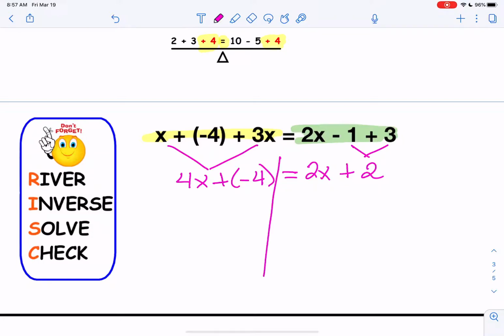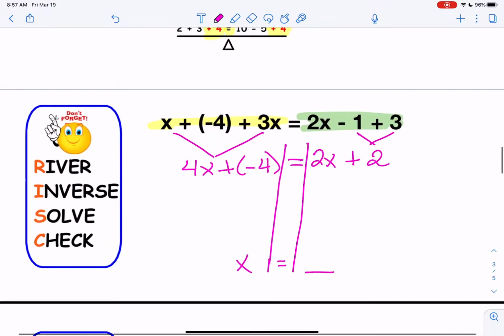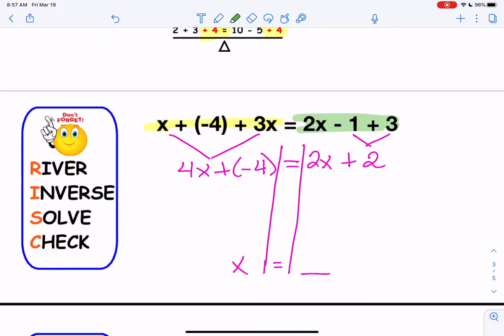I'm going to draw my river, and remember, the goal is to get x on one side and a number on the other. We want x to equal some number. So that means having x's on both sides of the equation is not good.